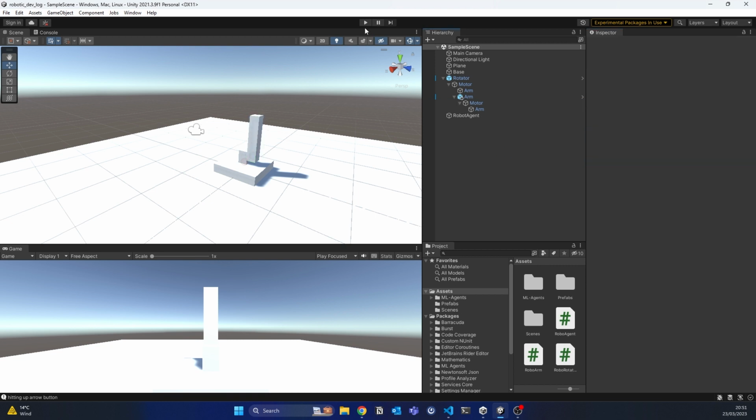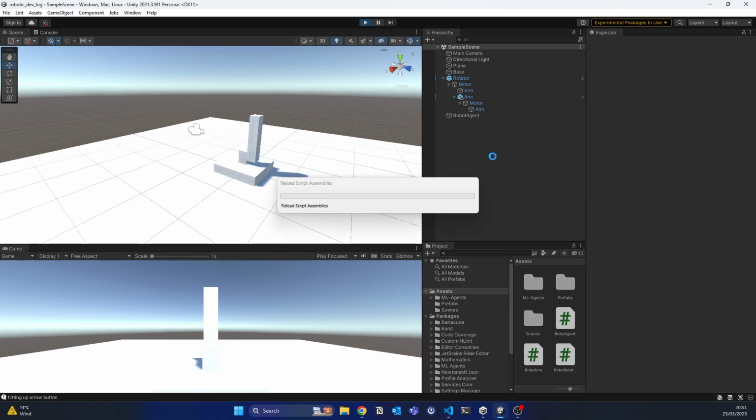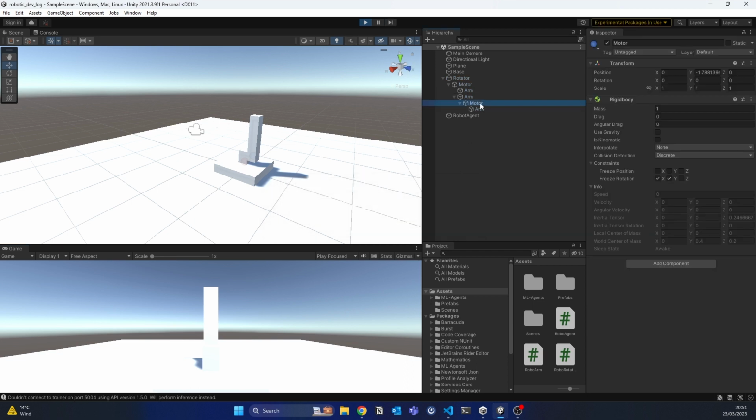What if I turn this off? Just trying around here. So yeah, this is not kinematic anymore. We don't have position constraints.